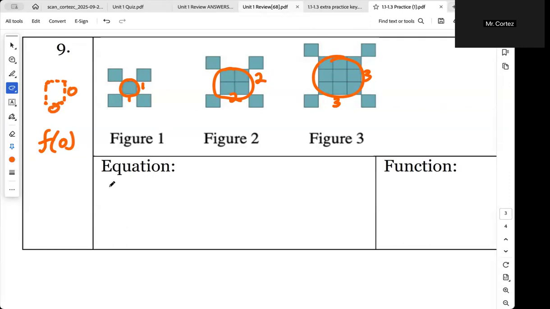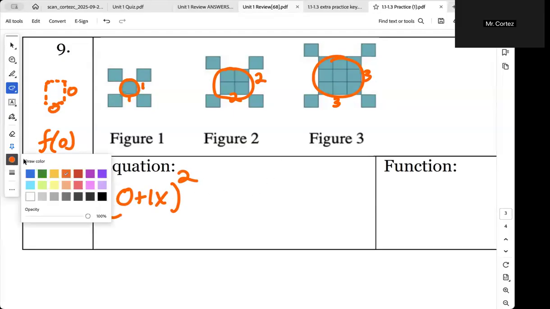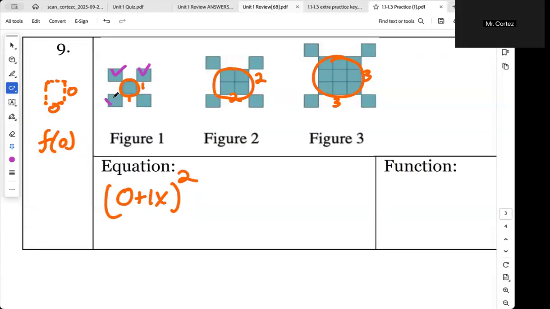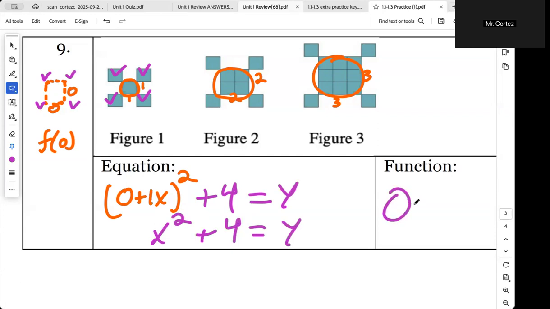So this is taking, starting at 0, I add 1 x times, and just square that. And then you have what I've called the buddy bolts. 1, 2, 3, 4, all over. No matter what, you have these, so just add these on. And don't be afraid to clean this up and say that this is just x squared plus 4. Definitely quadratic.